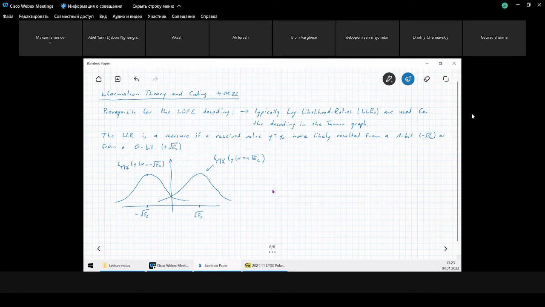Okay, so you know this from Mike Wolf's lecture, the typical example for a binary modulation scheme where we transmit plus minus square root EC, and these would be the distributions that we observe at the correlator output, so at our receiver.